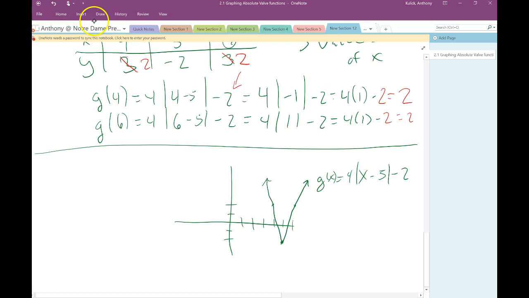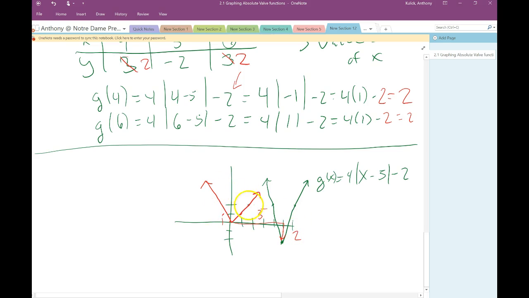And if we wanted, we could compare that to the parent function, which is this here. If you look at this, certainly we've been moved right 5 and down 2, just looking at the vertex.